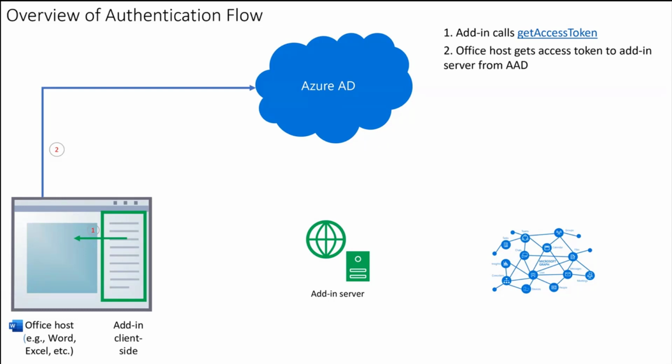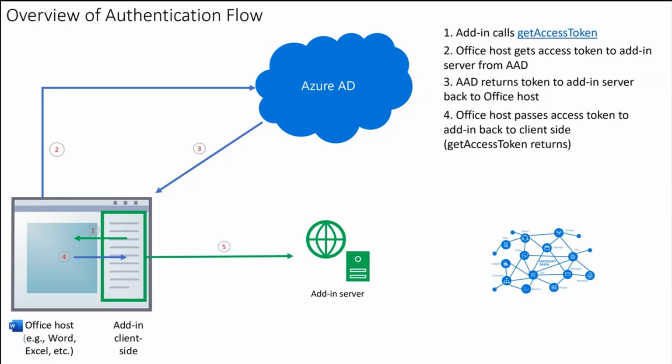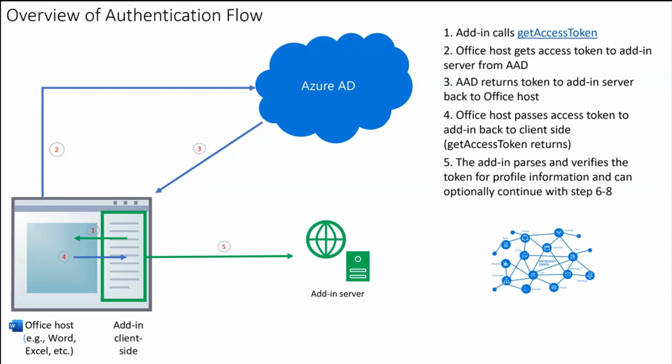So the Office host is calling out to Azure AD to get a token for the add-in server. This is your server, and it returns. We move that back to the client side. That's step 3: we get back a token for your add-in server to the Office host. That comes back to the client. So then you can go ahead and use that. Now you have the user's identity.